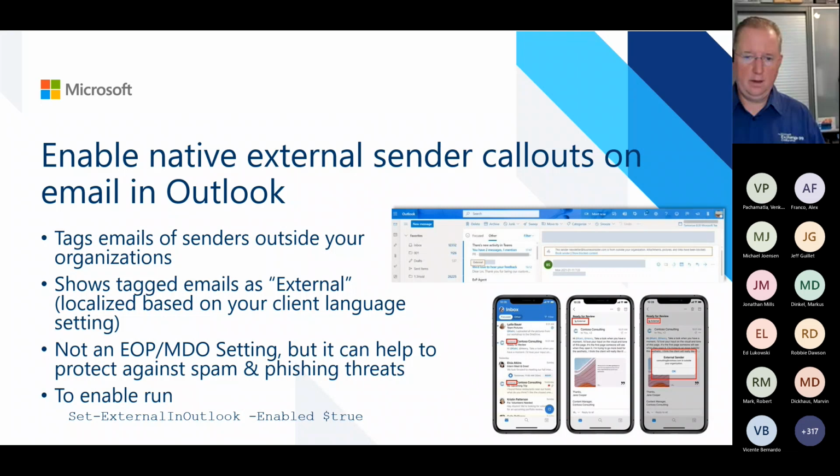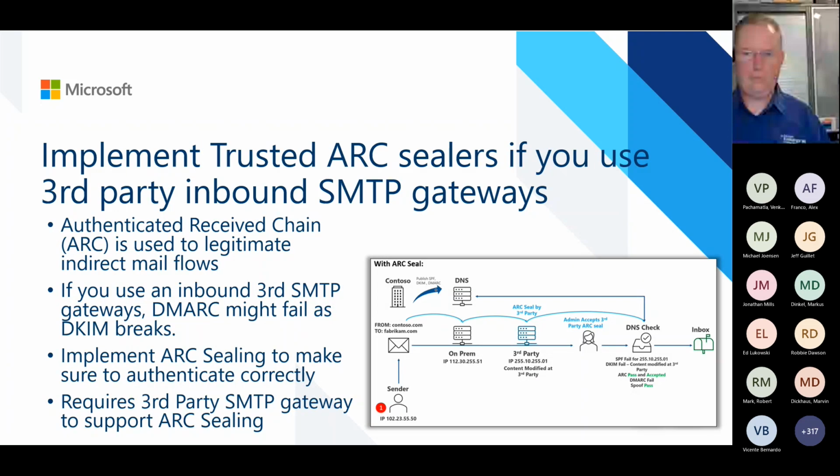Now, as I said, this is not even detected by Orca, but to enable it, you just run Set-ExternalInOutlook with -Enabled $true. And then it enables automatically after 24 hours, like many of the settings in the Exchange Online part.